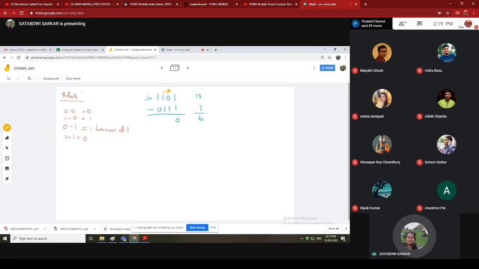If we borrow 1, the value becomes 2 as it is in the binary form. So 2 minus 1 becomes 1, and we have 1 here.